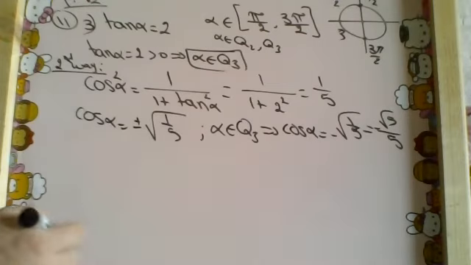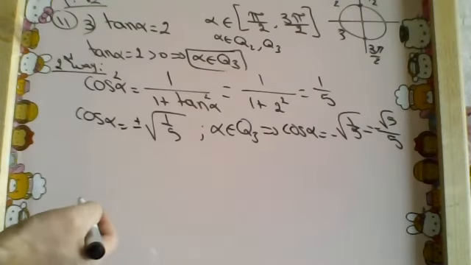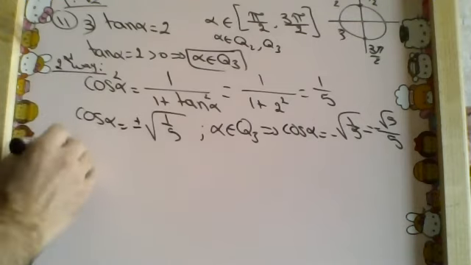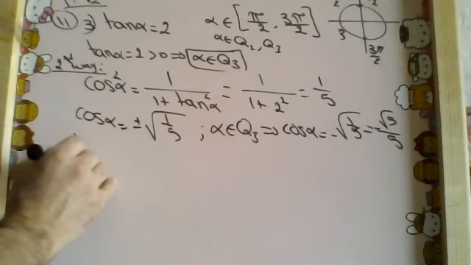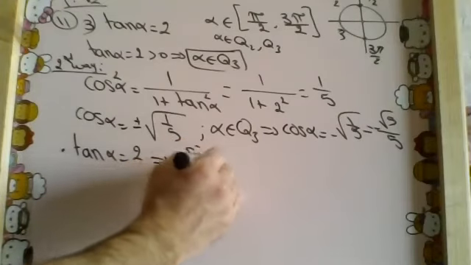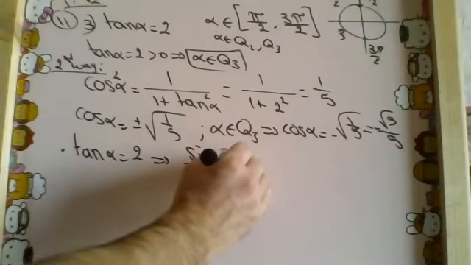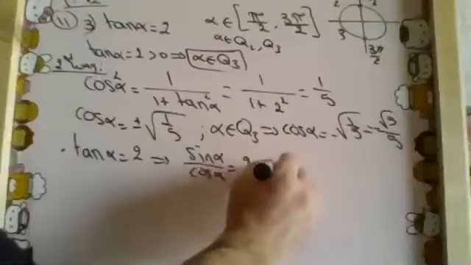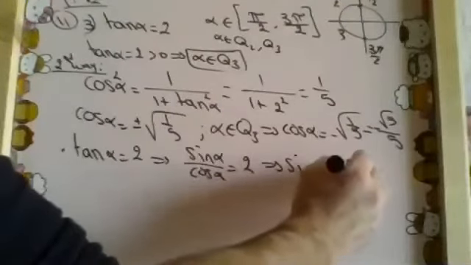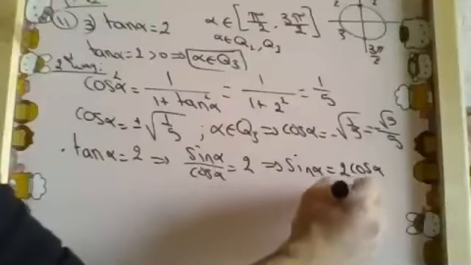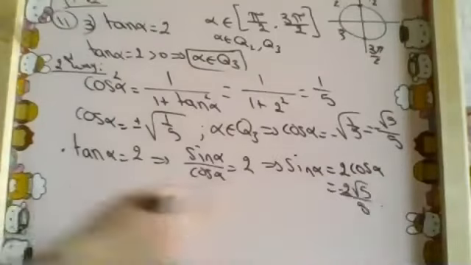Now to find sine alpha, tangent alpha equals 2. That means sine alpha over cosine alpha is equal to 2, you have cosine alpha, replace. Sine alpha is equal to 2 times cosine alpha, which is negative 2 radical 5 over 5.